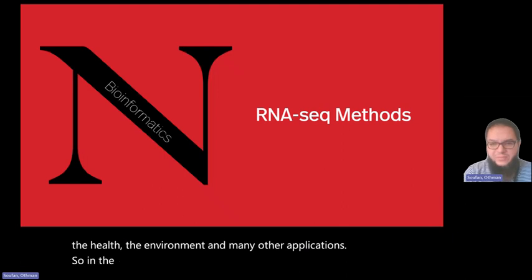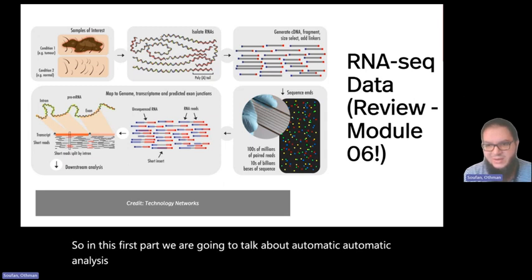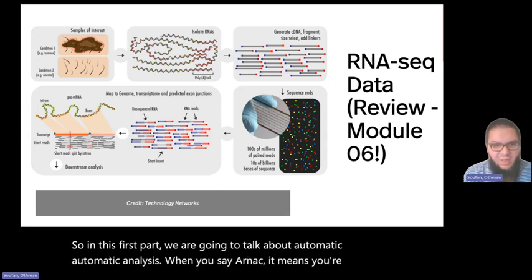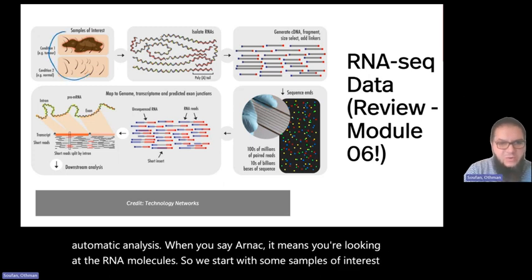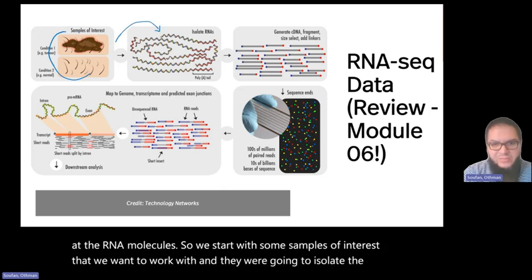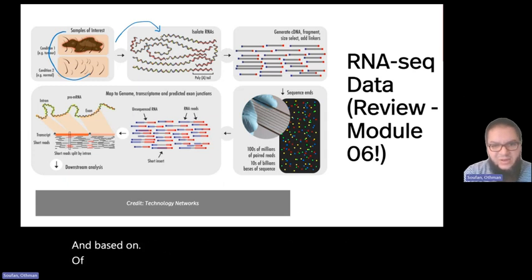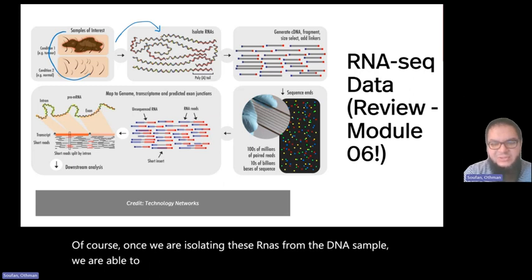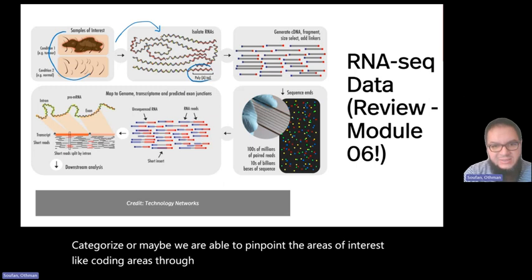So in this first part, we are going to talk about RNA-seq analysis. When we say RNA-seq, it means we're looking at the RNA molecules. So we start with some samples of interest that we want to work with, and then we're going to isolate the RNA. Once we are isolating these RNAs from the DNA sample, we are able to categorize, or maybe pinpoint the areas of interest, like coding areas through the poly A tail, for example.